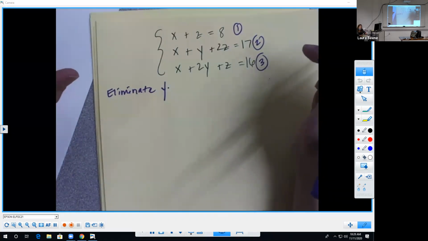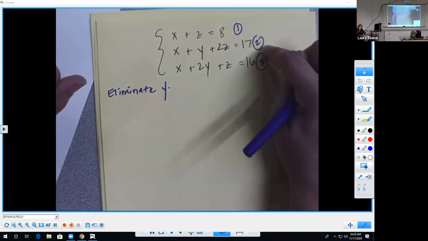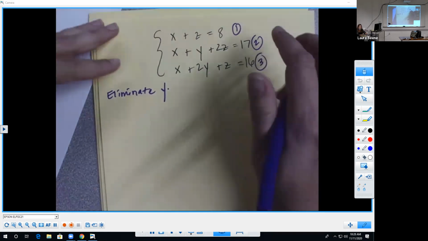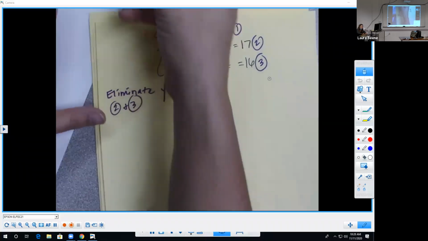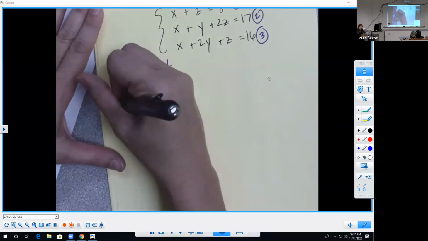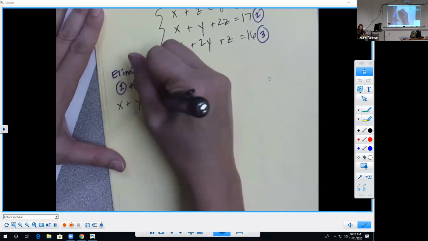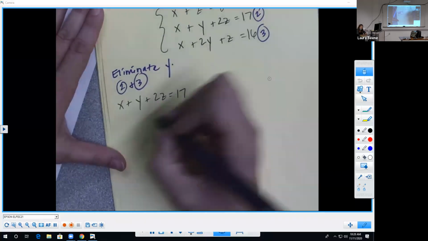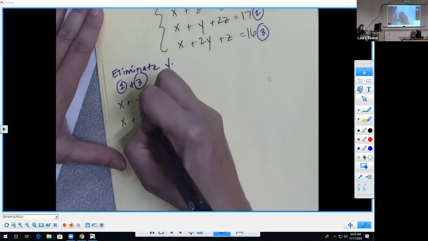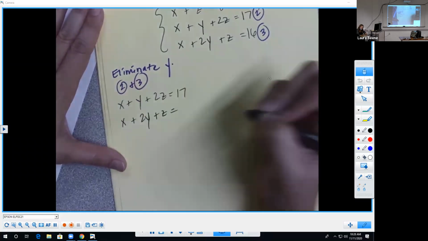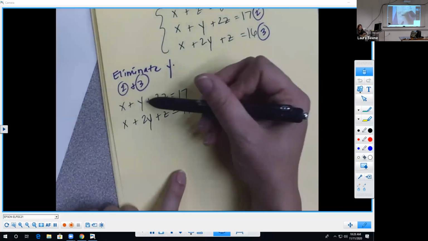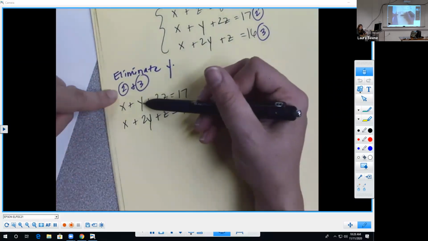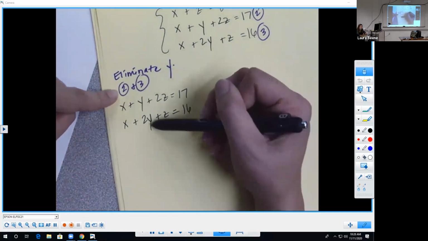What equations am I going to use to eliminate y? 2 and 3, because those are the only ones that have y in them. Okay, so I'm going to pick equation 2 and 3, and I'm going to eliminate y. So it's x plus y plus 2z equals 17. x plus 2y plus z equals 16. To eliminate y, equation number 2, the top one, has 1y, the bottom one has 2 y's.